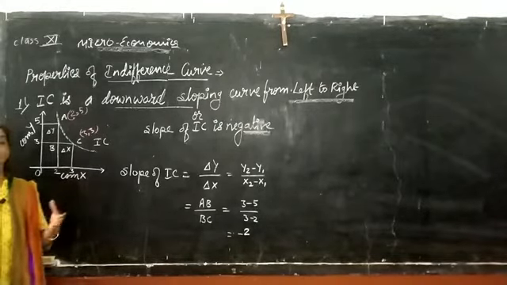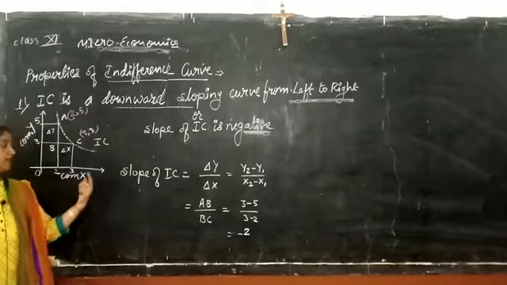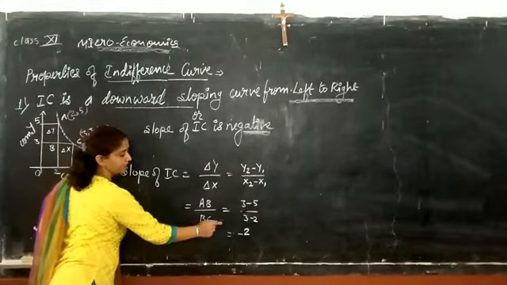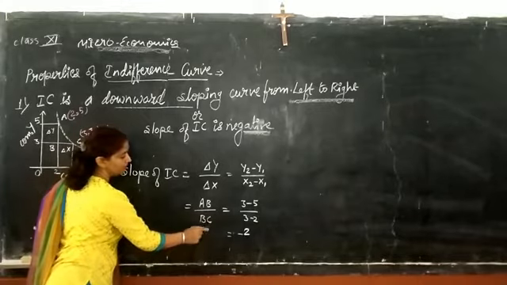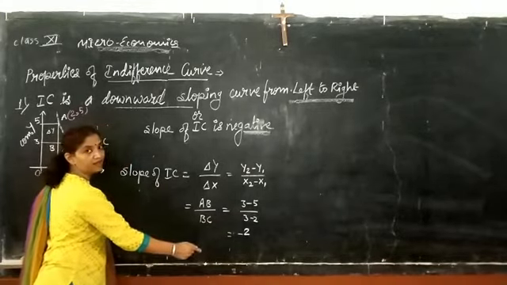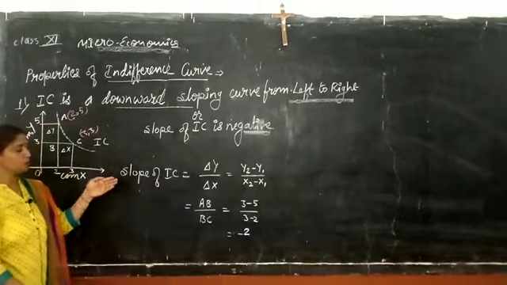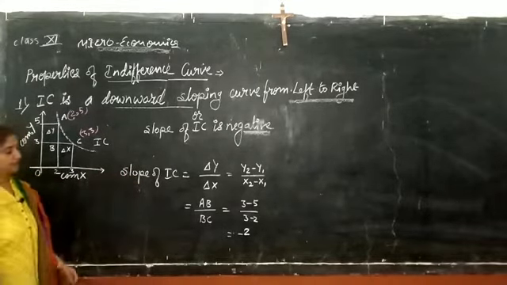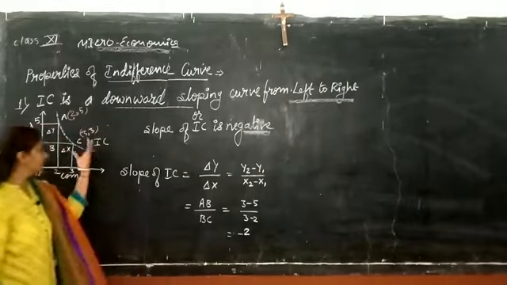So the change in X is 3 minus 2. So what will this equation be? 3 minus 5 equals minus 2, divided by 1, and we get minus 2. Hence proved that the slope of the indifference curve is negative. Just like this, you can take other examples.